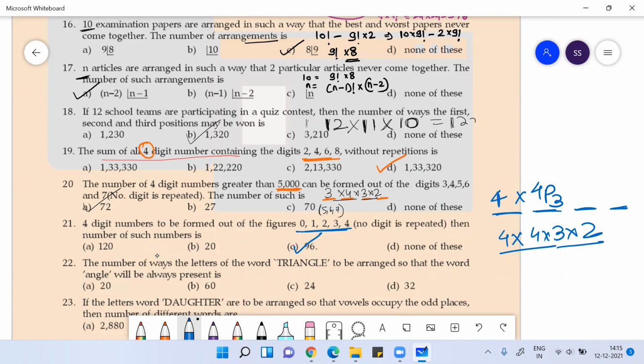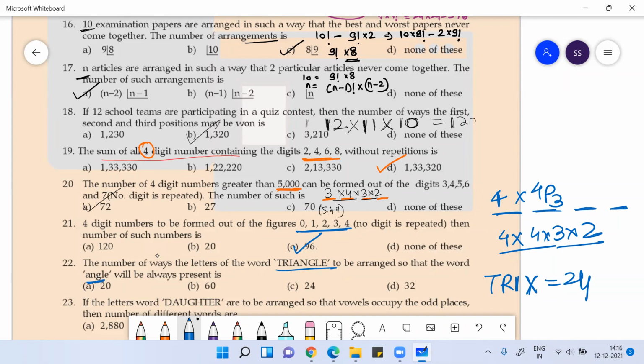The number of ways the letters of the word TRIANGLE can be arranged such that ANGLE is always present. So T, R, I, then ANGLE. Suppose ANGLE is one block, so T, R, I and the block become four items, which is 4 factorial, 24. You cannot change the order within ANGLE.